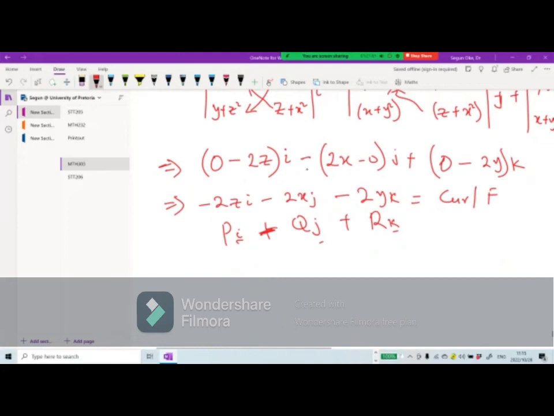Don't forget our formula. We can now project by saying the curl of F dotted with dS is the same thing as the double integral of dA. How do we do the projection here? Anybody?